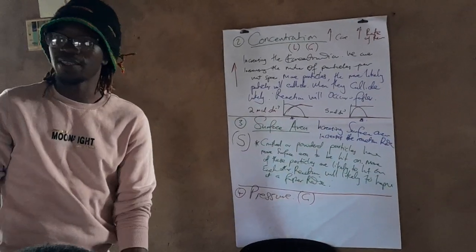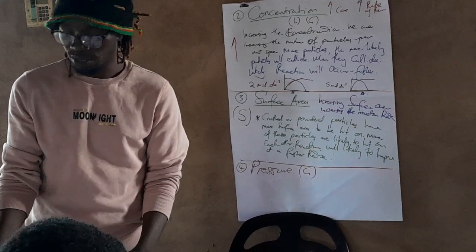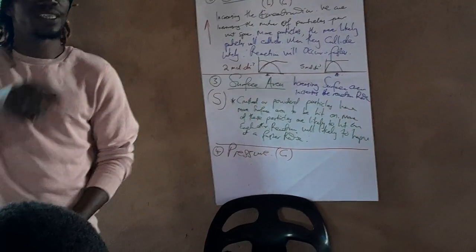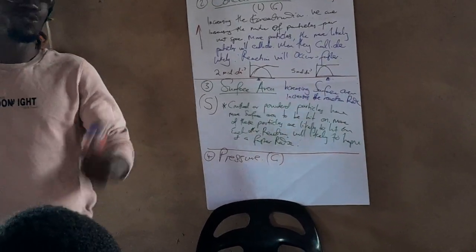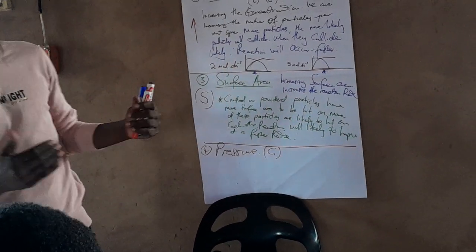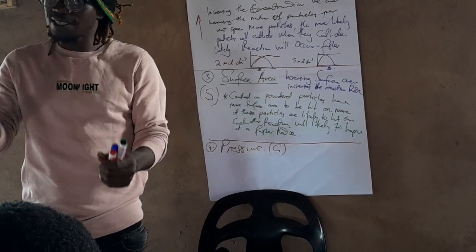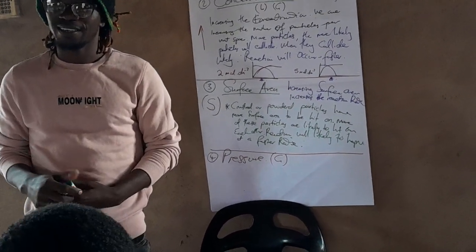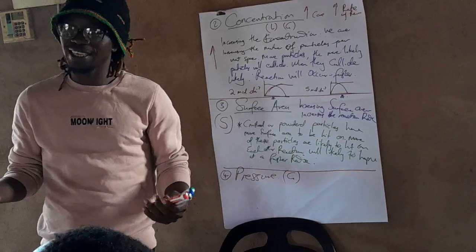It's more like if we take you alone and you put you in this class and say you must run around, it will take time for you to hit the walls, right? But if we put you in a smaller room, you hit the wall more frequently, right? Does it make sense?